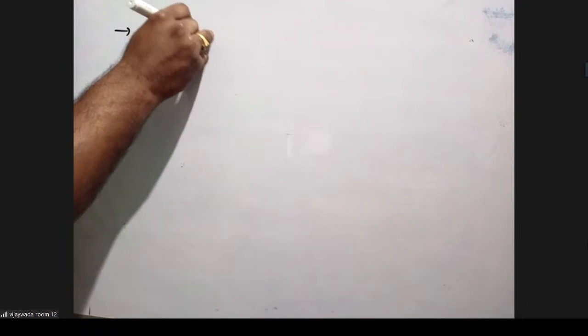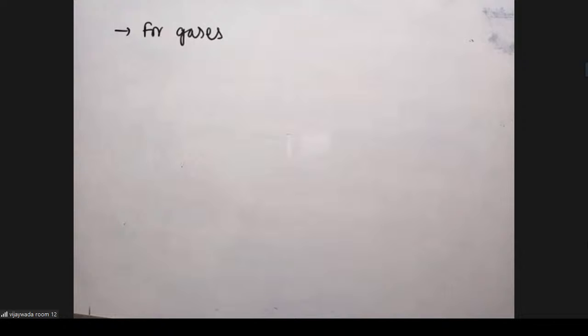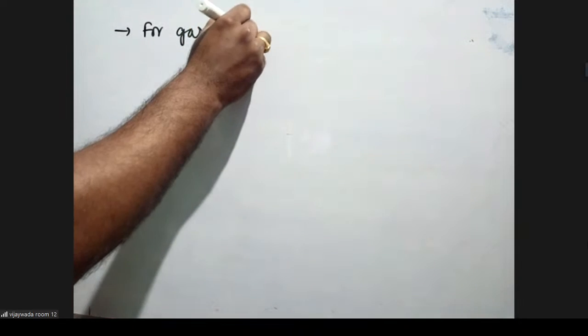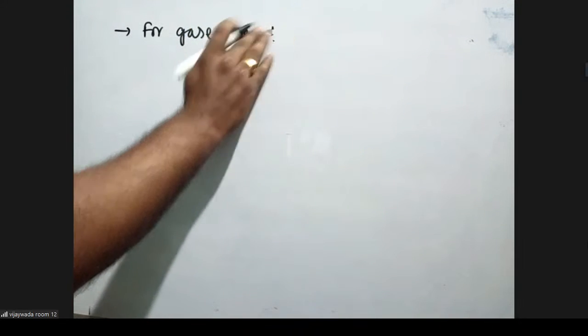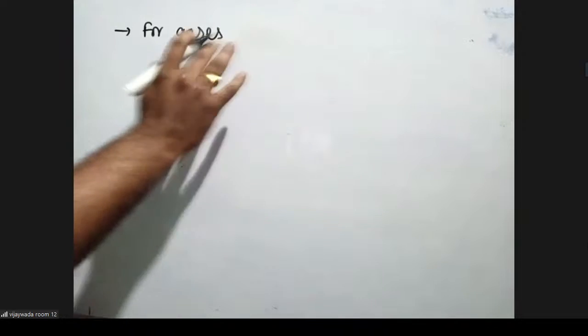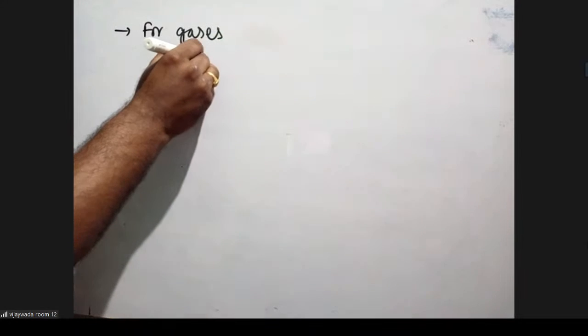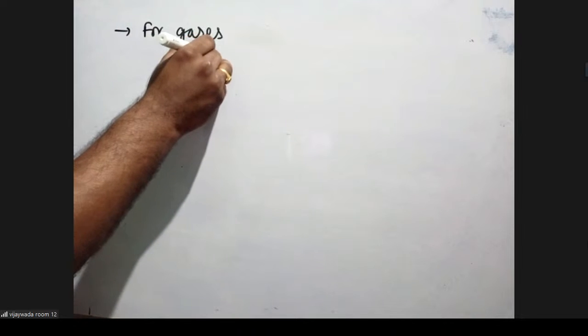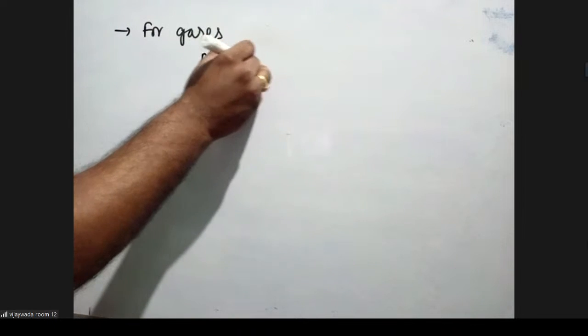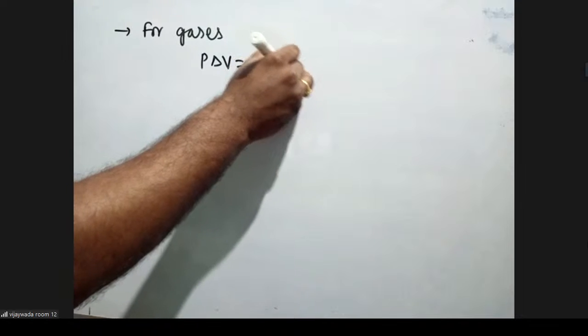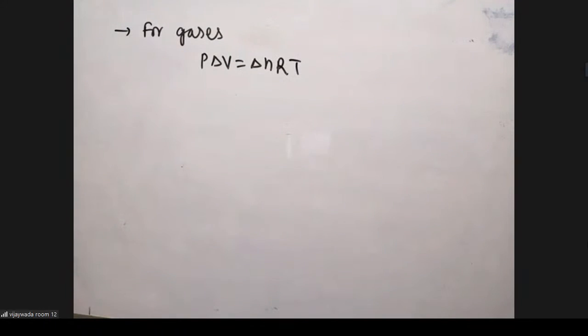for gases, maybe reactant side you can see gases, maybe product side you can see gases. For gases, P delta V we can write as a delta nRT according to ideal gas equation.